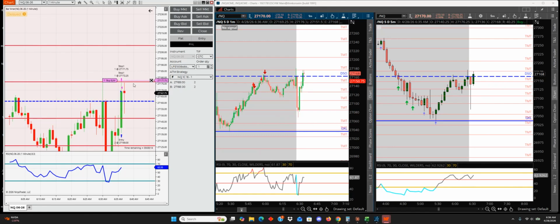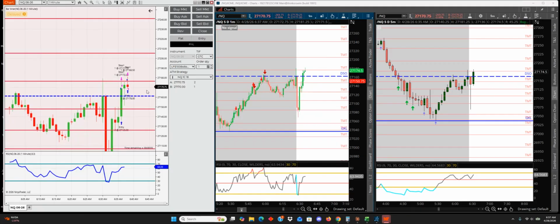See, that level keeps acting as resistance. Let's see if it's going to materialize. Order filled. I'm going to protect myself. Stop filled. Fine.